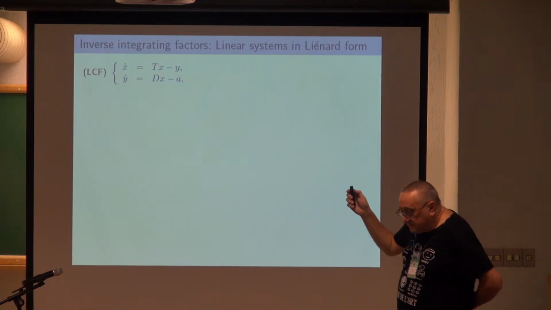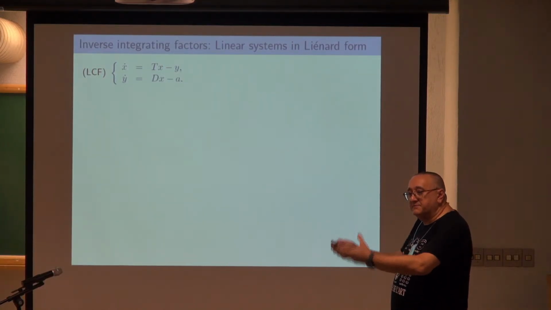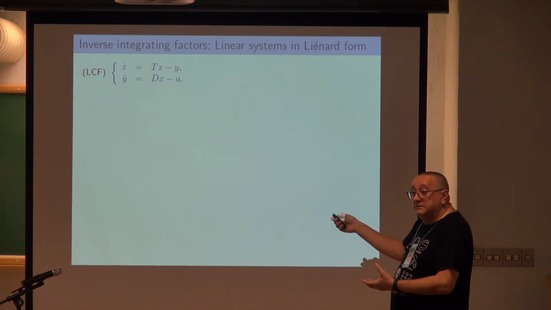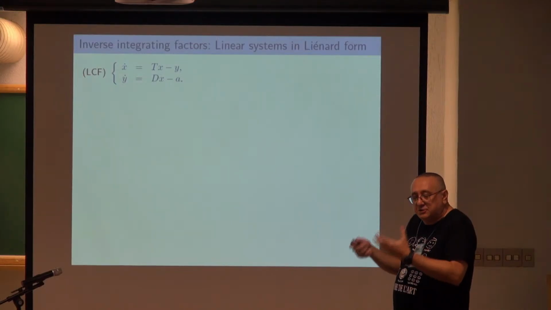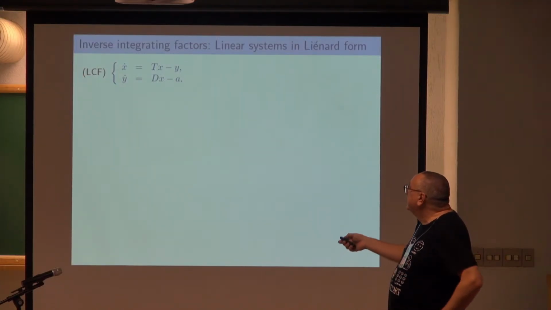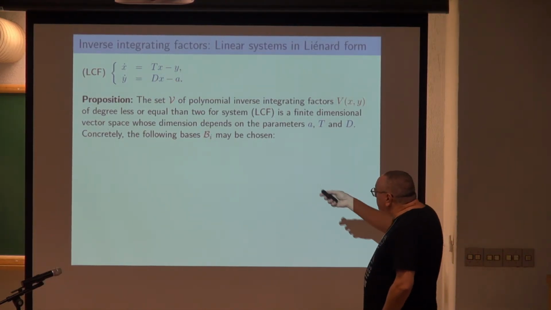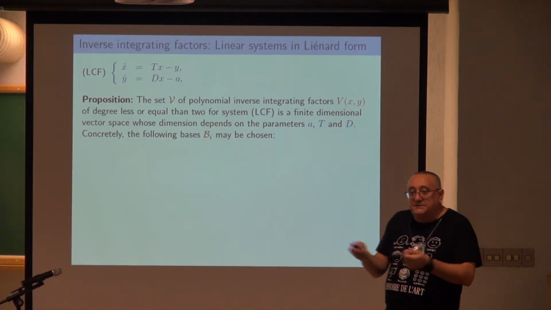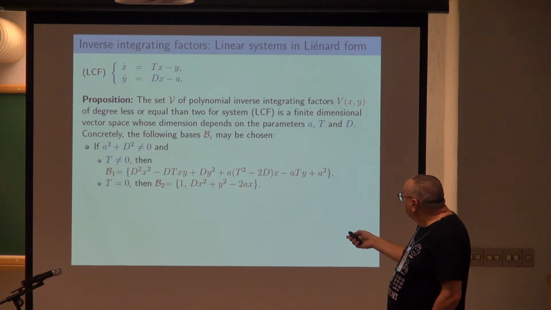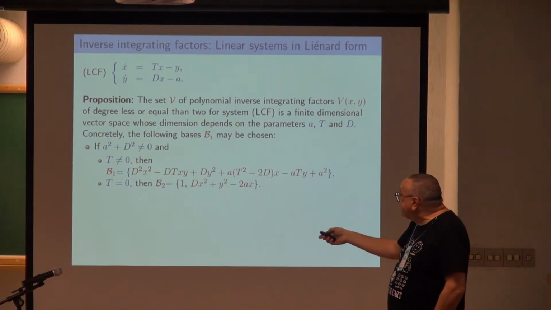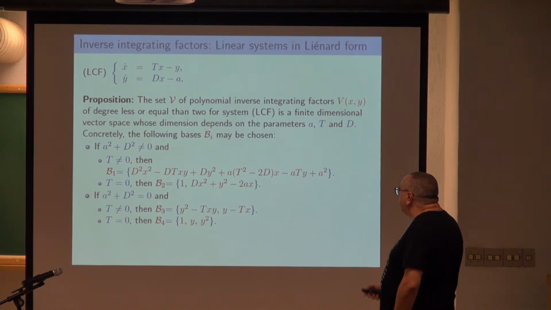The question now is, I have been talking about inverse integrating factors because I want to apply them to linear systems. The question is: is there an inverse integrating factor for a linear system? The answer is yes, of course, it exists. And we have a proposition that tells that it can be found as a quadratic function. Okay? This proposition says that depending on the values of the parameters, you have different choices of inverse integrating factors.